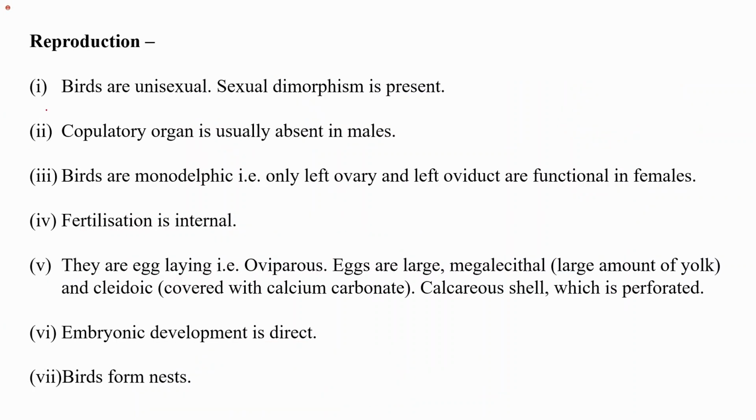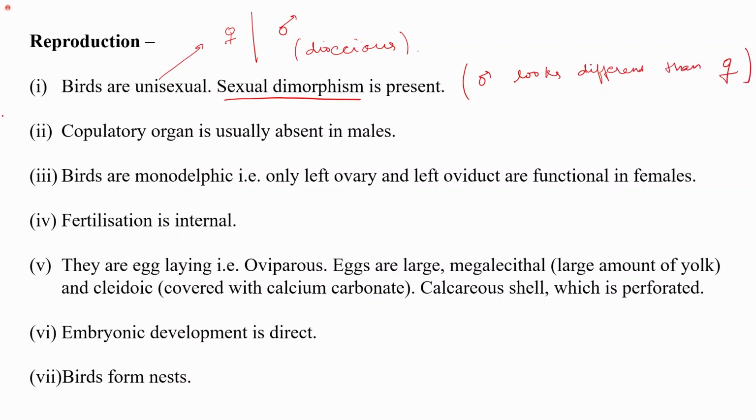Reproduction. So birds are unisexual, that is, male and female are different. That is, they are dioecious. Fine. Sexual dimorphism is present. That is, male looks different than female. Copulatory organ is usually absent in males.